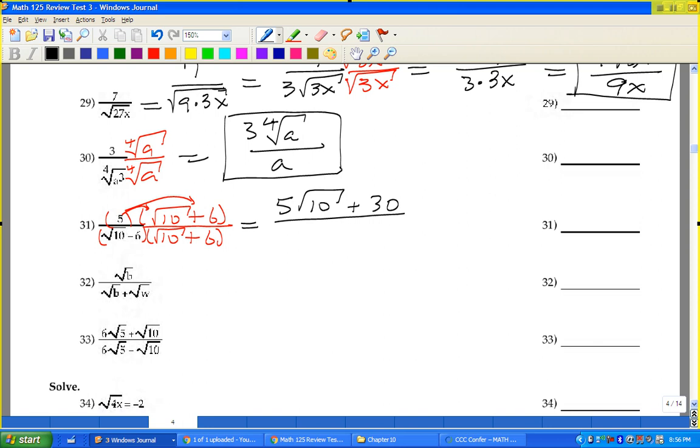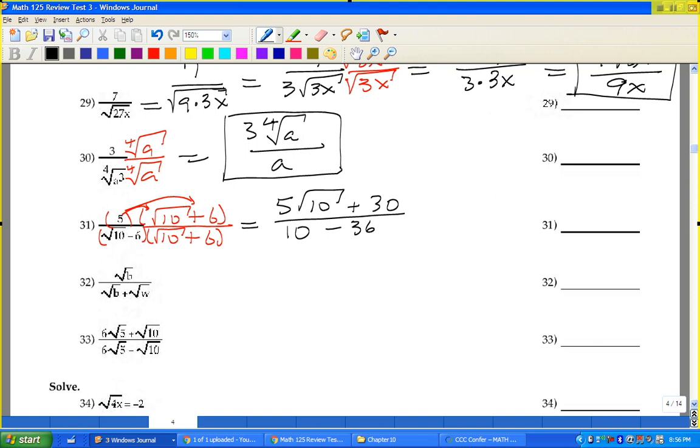This is the product of the sum and difference of two terms. And so the product will be the difference of squares. So rad 10 times rad 10 is 10. Minus, negative times positive is negative, 6 times 6 is 36.